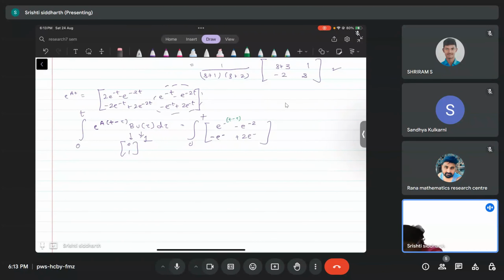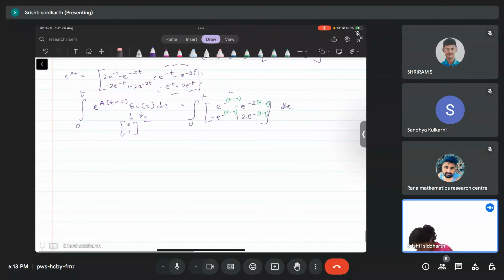So t minus tau, and now just integrate with respect to tau. Okay, so t is constant in this integration.